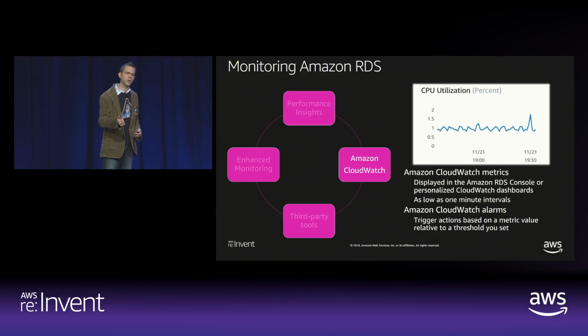Secondly, there's a new metric called DB load, or database load. This is coming from Performance Insights. What it's telling you is, at any given point in time, and it's really simple, how many of my connections are doing something right now.